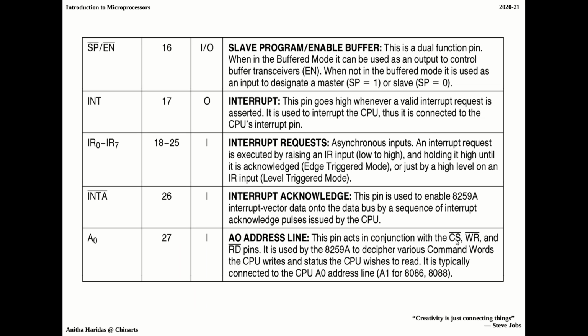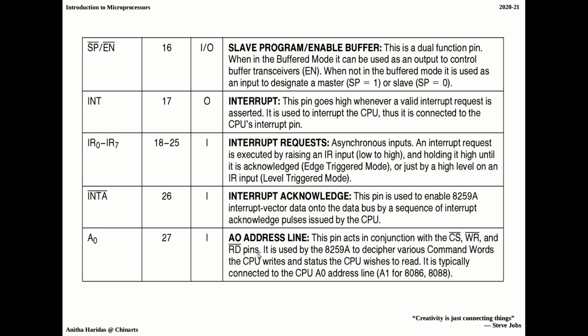So only if the chip select line is enabled, the read operation or the write operation can be performed. Along with that, the A0 line should be 0, that is low. Then the CPU will be writing the command word or reading the status information using this A0 address line.